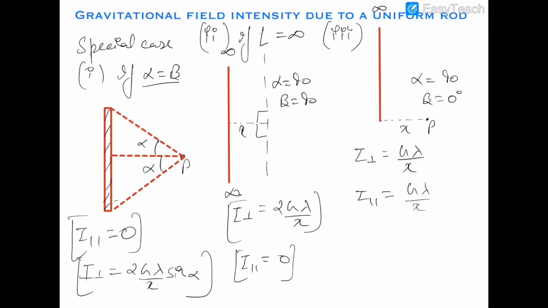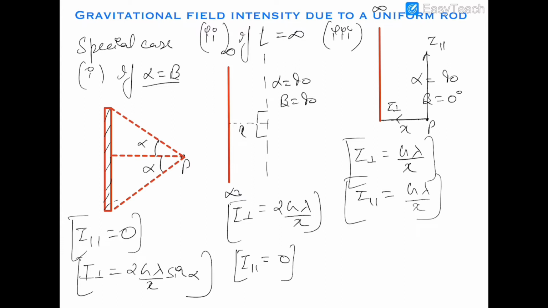Now to predict the direction, you can see that this rod will pull these masses kept over here. Sorry, this one is I parallel and this one is I perpendicular. Both have the same magnitude.